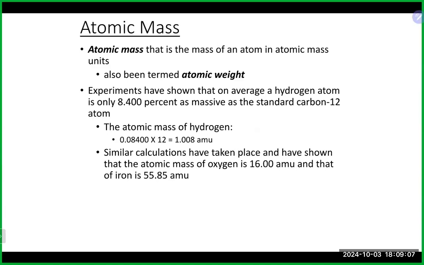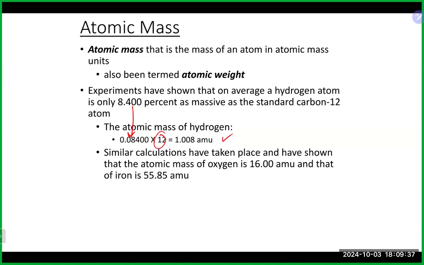For hydrogen, they found that on average, hydrogen is about 8.4% as big as carbon-12. So they do a little calculation: 8.4% converted into a decimal, moving it over 2 places to the left, or dividing by 100, times the carbon-12 standard, gives us that number we see on the periodic table, 1.008 AMU.